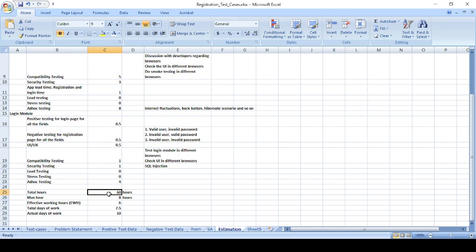So after adding the buffer time, and after dividing it by effective working hours, in your case it is 6. If you know that you are able to work for only 6 hours out of 8 hours, then divide your total working hours by your effective working hours, and you'll get 10 working days.